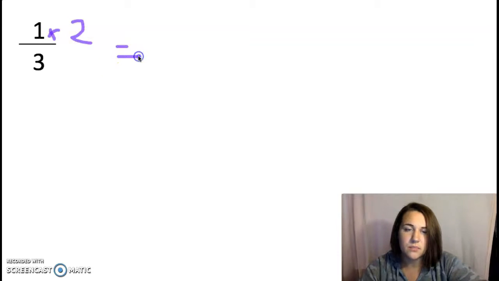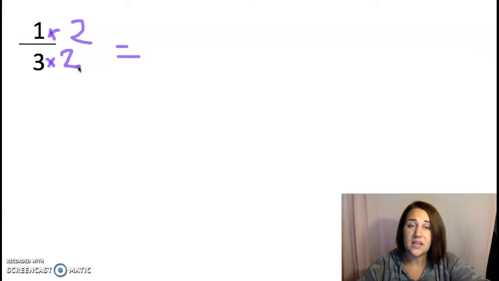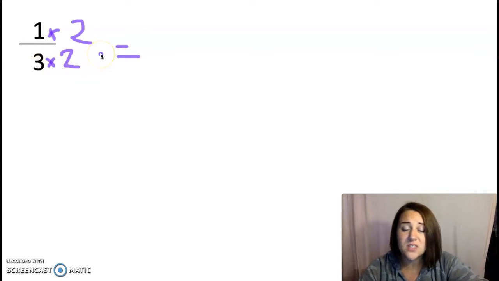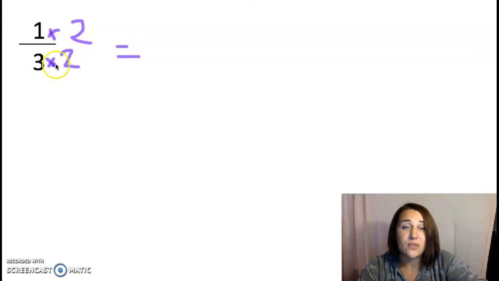The equal sign. I have to then also multiply 3 by the same number, so by 2. They have to be the same. I can't multiply 3 times 5 now, because then it's not going to be equivalent. But if I multiply 1 times 2 and 3 times 2, my fraction is going to be the same.